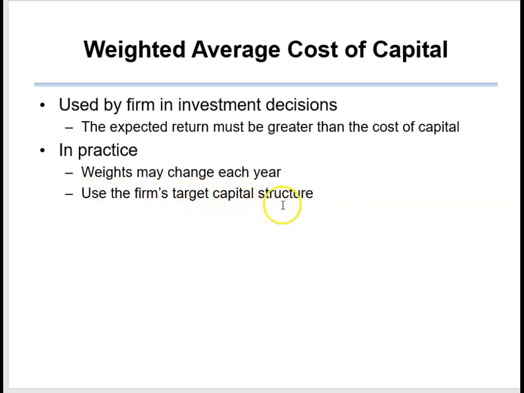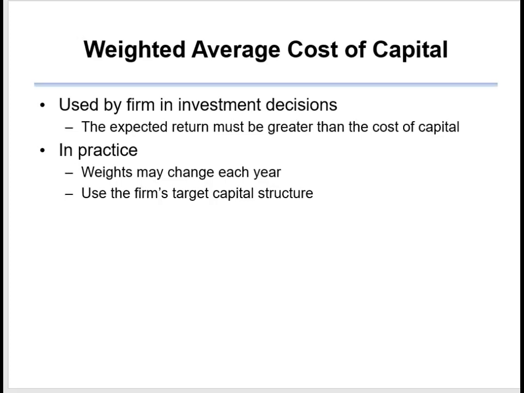And by capital structure, I mean our target for the percent of bonds and the percent of stocks that we're going to have. So calculating the weighted average cost of capital uses the same principle as we used in calculating a portfolio beta or the expected returns with probabilities.